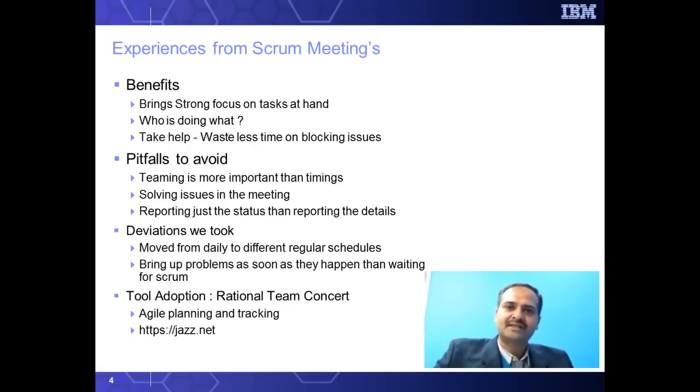Another pitfall to avoid is trying to solve the issues in the meeting, because then it starts to waste other people's time, people get disengaged, and the context is lost for other team members.